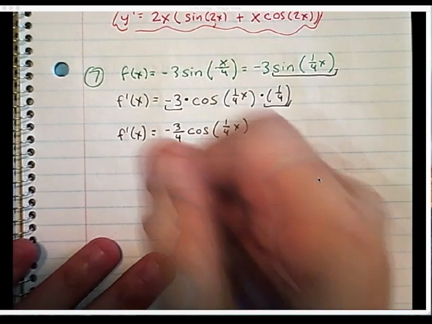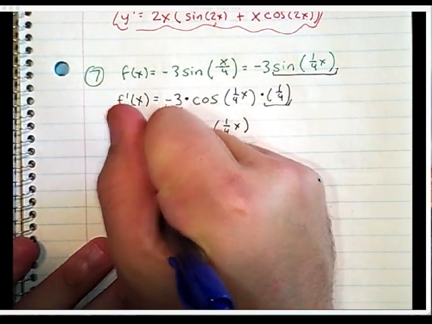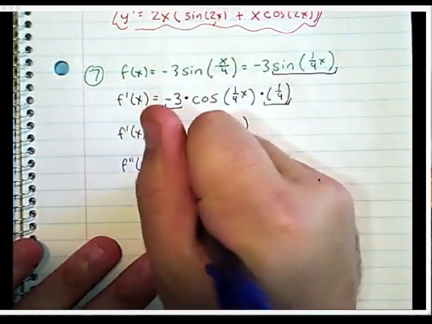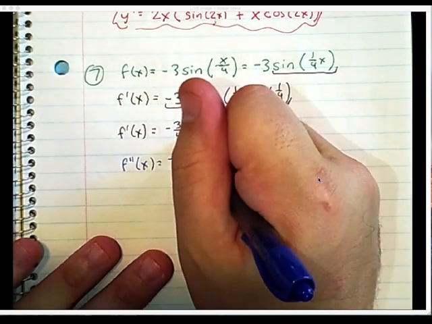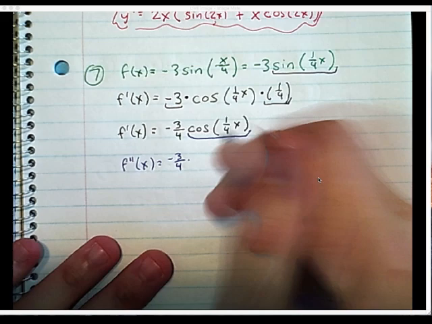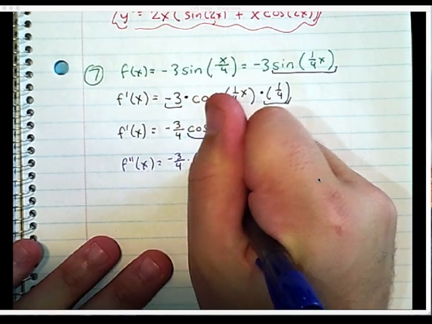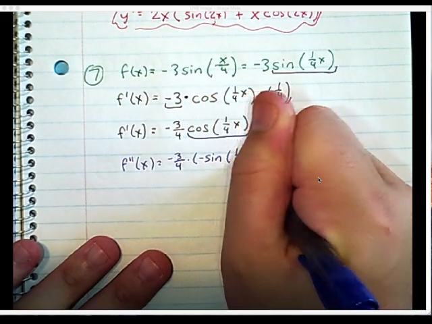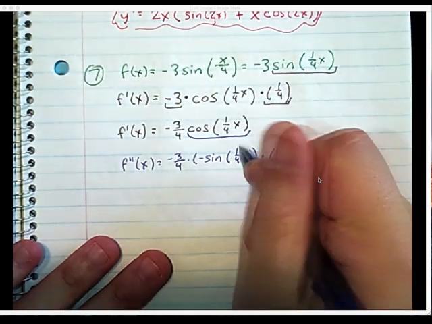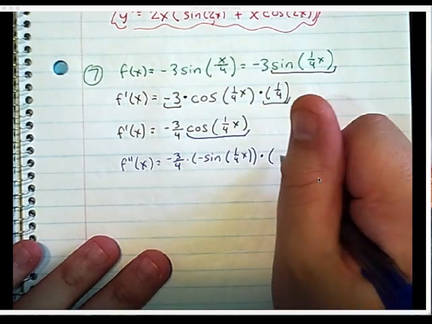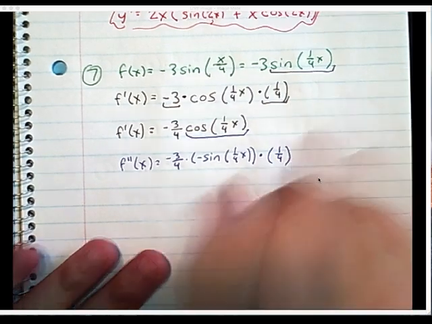But it's asking me to find the second derivative. So now I have negative 3/4 as my coefficient. Another chain rule problem. What's the derivative of cosine? It's negative sine with respect to the inside times the derivative of the inside. The derivative of 1/4 x again is 1/4.